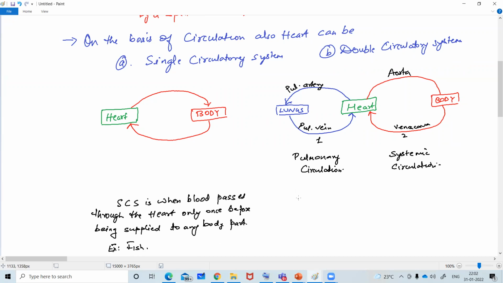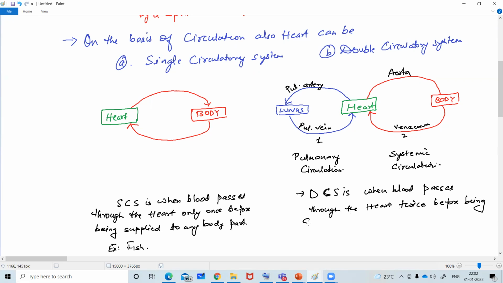And when it comes to double circulatory system, you can define it by saying that double circulatory system is when blood passes through the heart twice before being supplied to any body part, right?